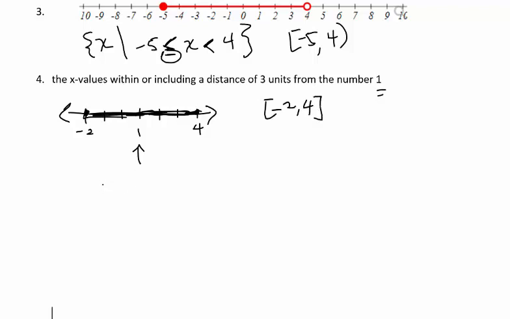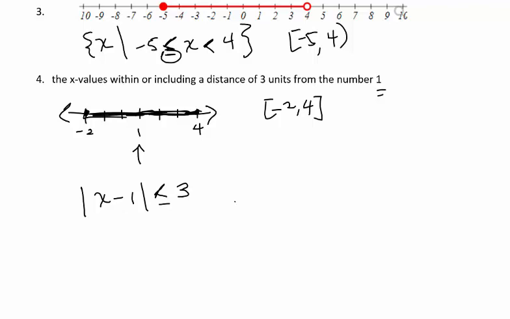But another way to write this from the start is that we have the distance between 1 and a number. So the distance between a number and 1, we could write that using absolute value, is less than or equal to 3 spaces. So less than or equal to 3.